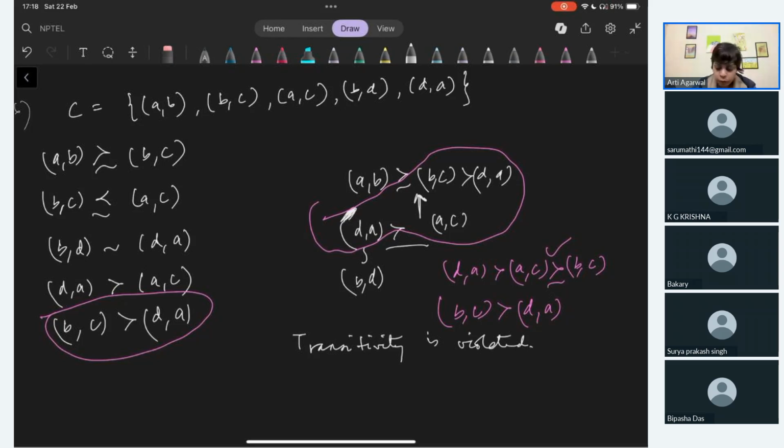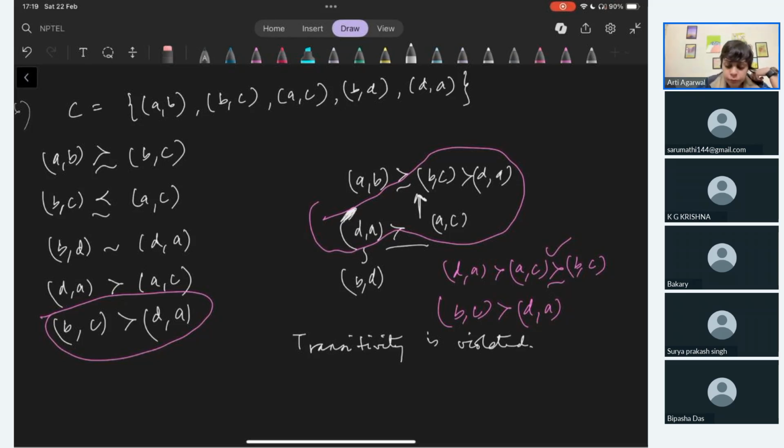You getting me? Because if transitivity were not violated, I think completeness would also not be violated. So you have BD relating to DA, and BD is not relating to anything else. Okay, and DA is relating to BC and AC, and AC is relating to BC, BC is relating to AB.